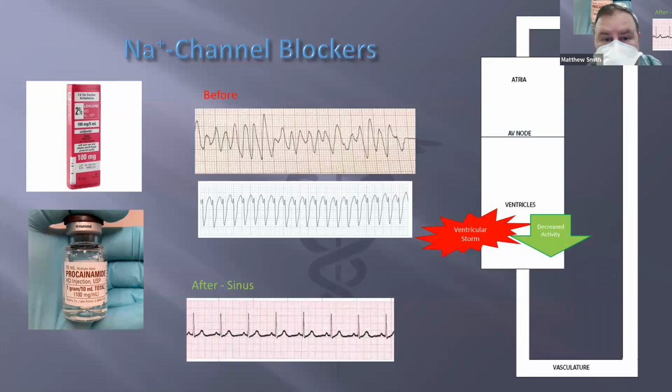So it's a more targeted therapy. For that reason, you might consider using lidocaine over amiodarone, because lidocaine deals more directly with what's going on in VFib or VTach without having extrinsic, potentially unwanted effects at other levels of the heart. So something to consider there.